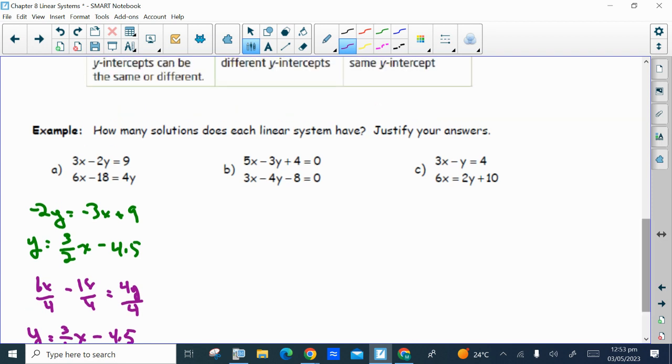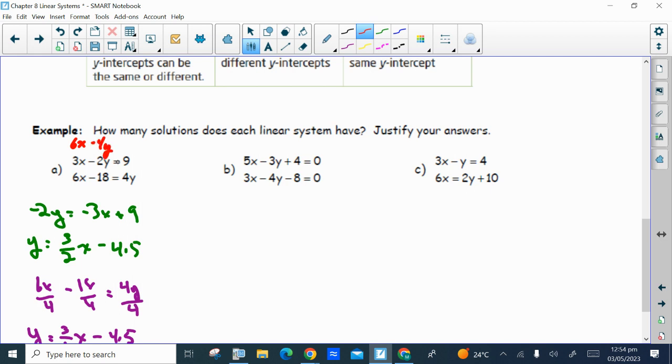Now, we also could have done that by writing the two equations so the terms are in the same order and comparing them. So I'm going to keep this top equation as is. I'm going to rewrite the bottom equation above, but having the terms in the same order as that first equation. So the 6x comes first, then the y term. You bring the y term over here by subtracting 4y from both sides.